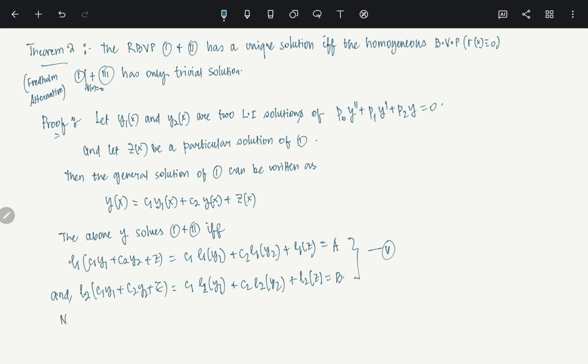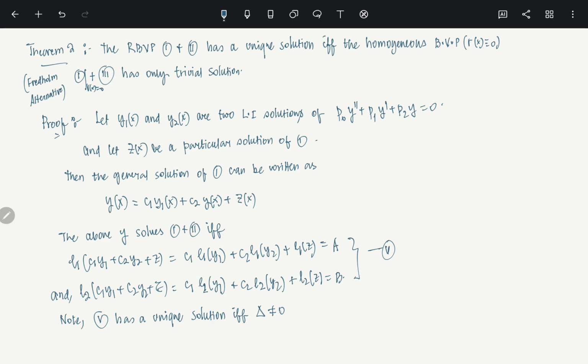So note, the non-homogeneous system 5, where A and B are non-zero, has a unique solution if and only if delta is not 0.